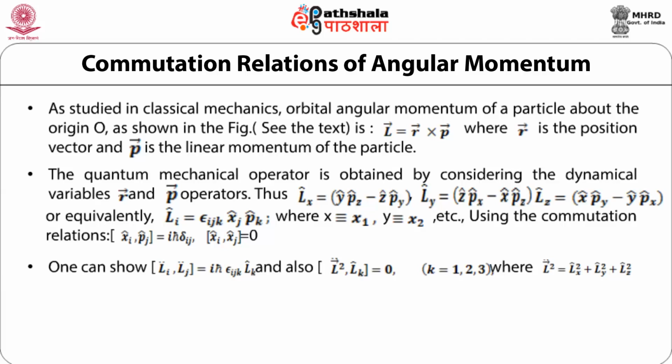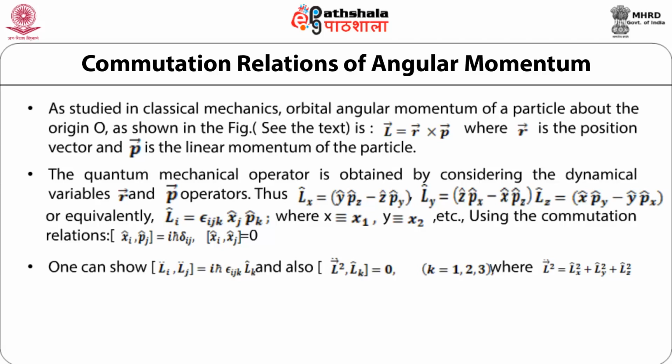So, using the above definition of the angular momentum vector, if we want to write down the various components of the orbital angular momentum operator, then the x component, L subscript x, is given by operator y times operator p subscript z minus operator z times operator p subscript y.